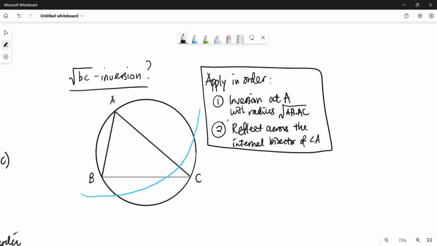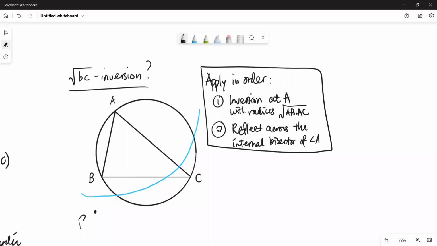Oh, well, where do B and C go? Anyone have any idea? Where's the image of B? Where's the image of C? After I apply these two transformations. Yes, exactly. B and C swap, right? So that's why we pick the radius to be square root AB times AC. Because where does AB go? AB would go to a point such that AB times its image equals AB times AC, squared root.